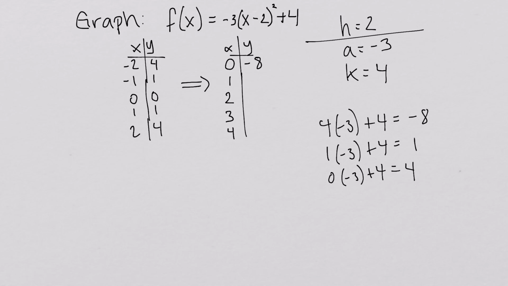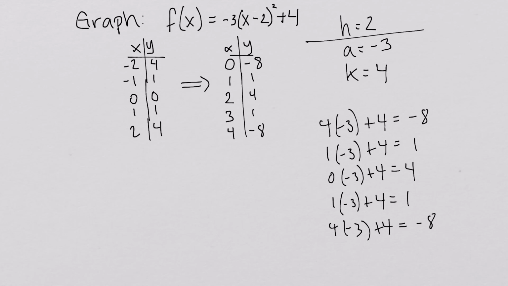And they're going to repeat, right? The next one should be 1 and the next one should be negative 8. But just to check again, 1 times negative 3 plus 4 is 1. And 4 times negative 3 plus 4 is negative 8. So my y values are negative 8, 1, 4, 1, negative 8. And I'm done.